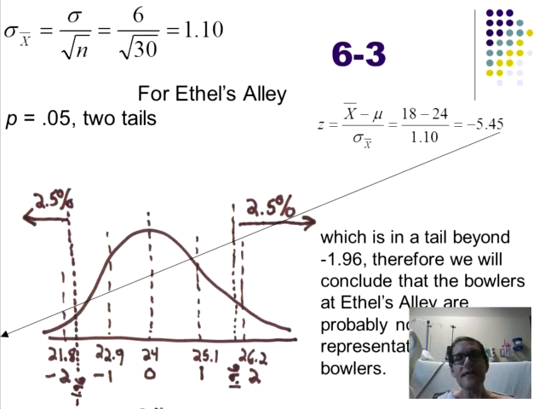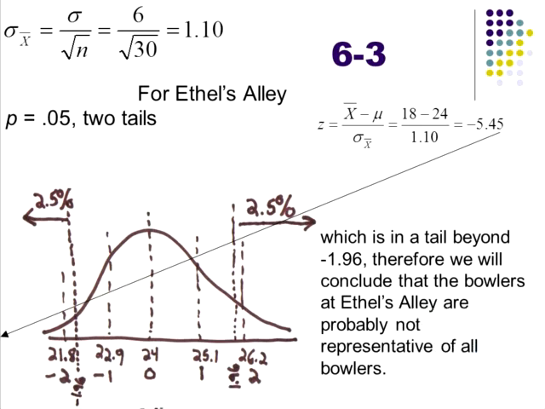So if the z-score that I obtain, negative 5.45, is in one of these regions of rejection, then as a general statement first, the bowlers at Ethel's bowling alley are probably not representative of all bowlers. There's something strange about Ethel's bowling alley.